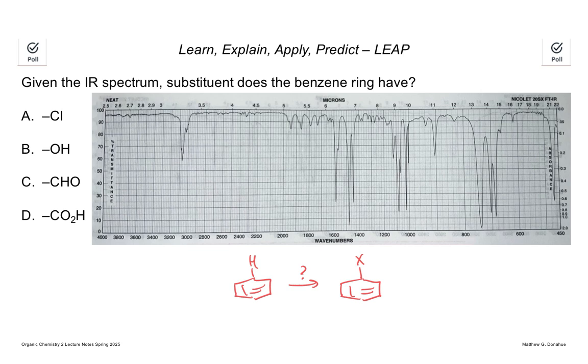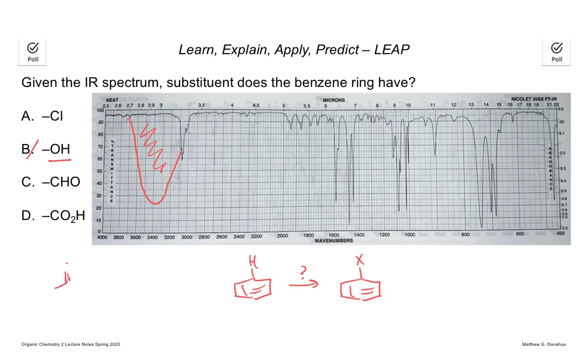I think it's A. Why do you think that? Because you don't see any unique spectra other than the aromaticity and the sp2 hydrogens. Yeah, so if it was phenol, you'd expect to see this big thing here, right? So you don't see that. What do C and D have in common?